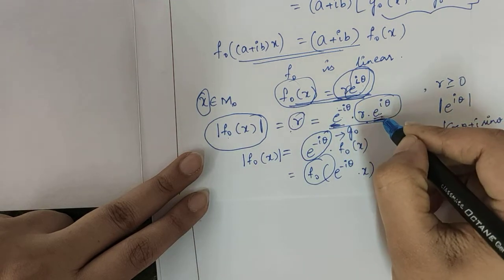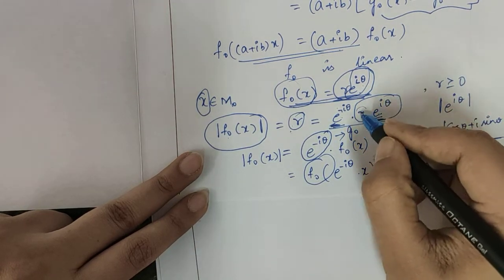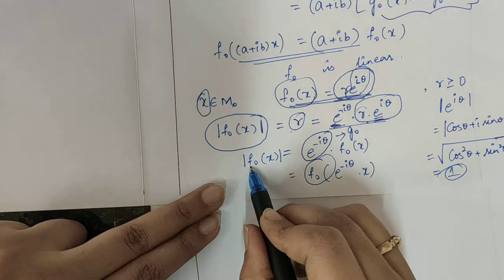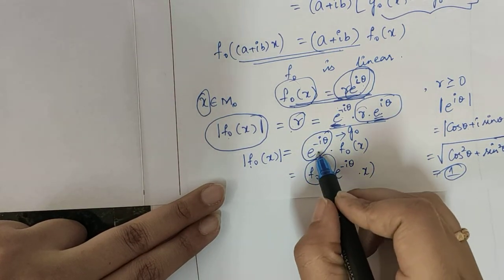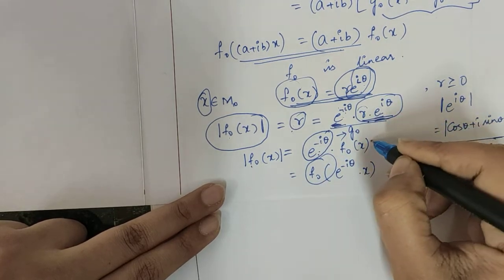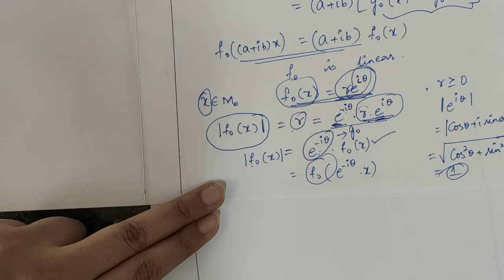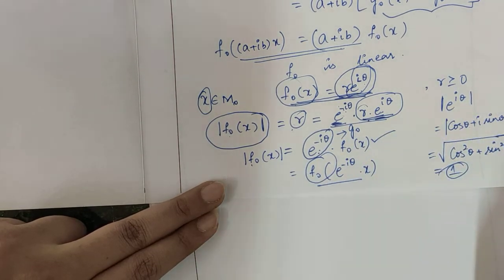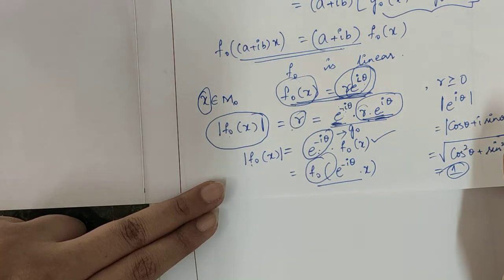So since the bases are same, you can add the powers, you will be getting r itself. Now your mod f naught of x can be rewritten as e power minus i theta, I will retain as it is, and r into e power i theta is nothing but f naught of x. So since f naught is linear, you can write that f naught of e power minus i theta into x.